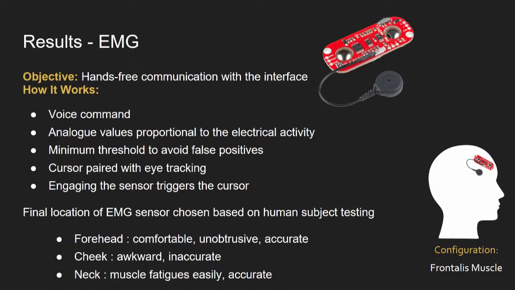It produces analog values that are proportional to the electrical waves produced by the muscle, and then there's a threshold that we put on the sensor, so you can communicate regularly still with the other astronauts during the EVA, and then it won't trigger the sensor unless you've actually flexed the muscle hard enough to produce a high enough number, and then that would allow the cursor that is paired with the electromyography sensor and eye tracking to be engaged through the system.